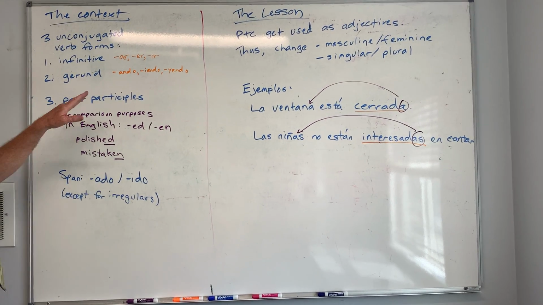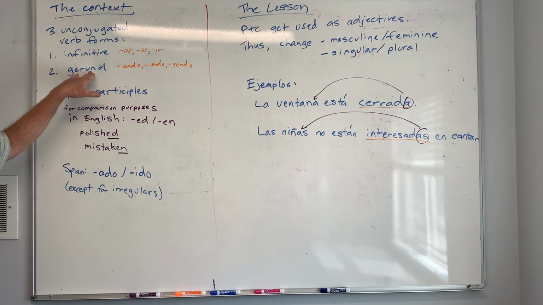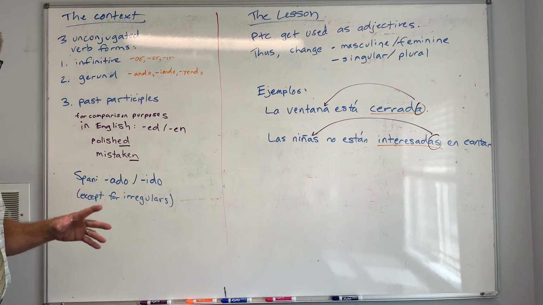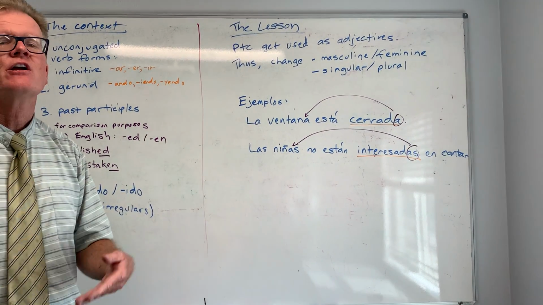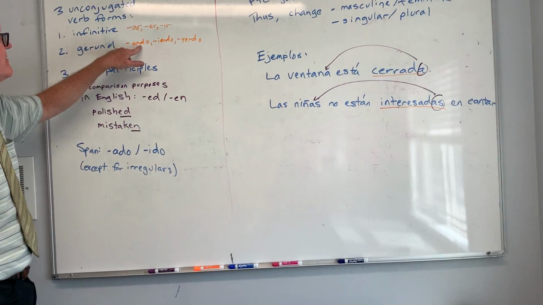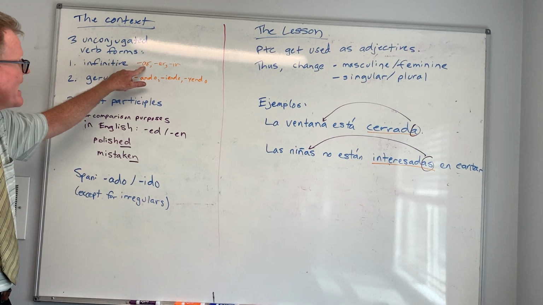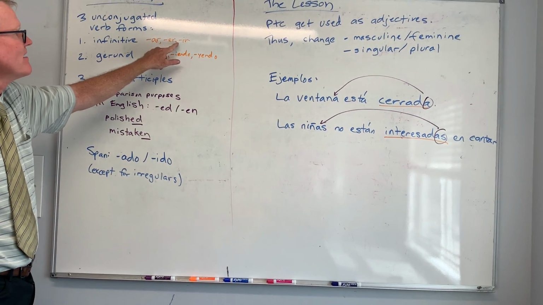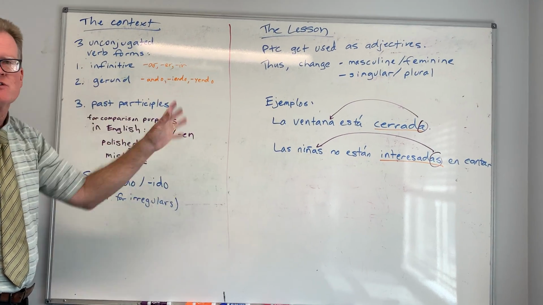Okay? And then in there, we learned in Spanish 1 about the gerunds. Now the gerund in English is when the verb word takes on an ing. So eating, studying, learning, that's a gerund. So the ing in Spanish is ando when it's an AR verb, and iendo when it's an ER or IR verb, and yendo under certain circumstances.